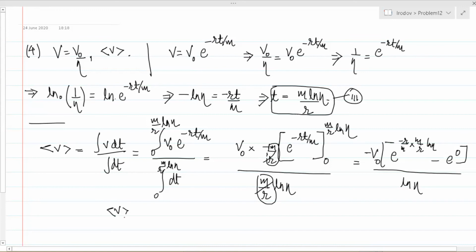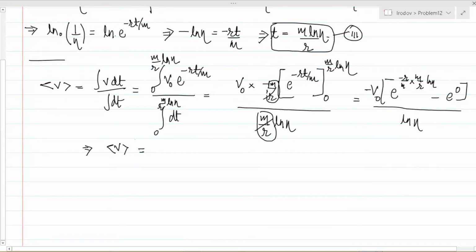So this becomes mean velocity, which now becomes minus v naught into e to the power of ln eta to the power of minus 1.